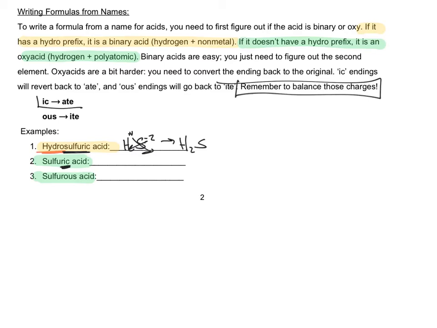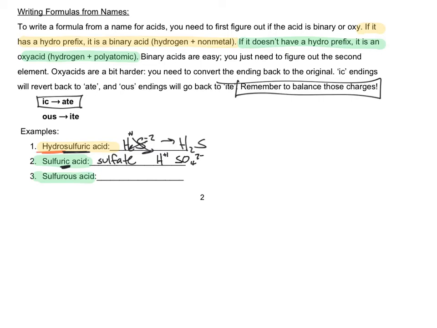We know that ic came from a polyatomic ion ending in ate, A-T-E. So sulfuric had to come from the polyatomic ion sulfate, A-T-E. So that chemical formula is going to be made up of hydrogen, which is a +1, and sulfate, which is SO4 with a 2 negative.